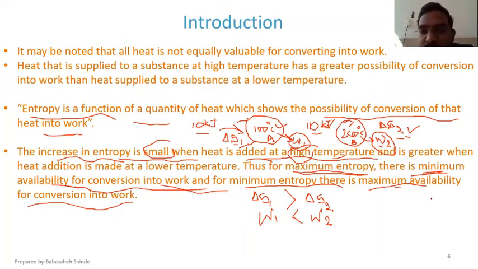Because the ultimate goal is to convert heat into useful work, right? And entropy is the function that talks about the availability of work, or in other words, the amount of energy that could be converted into useful work. So studying entropy is important, and that's why we are studying this now. I'll move to the next slide now.